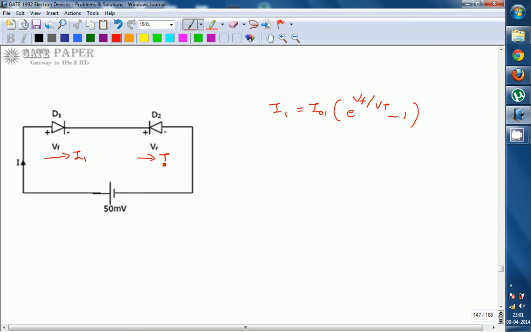It is the same as the reverse saturation current of the second diode. So that can be written as I02 is equal to I01 into e power Vf divided by Vt minus 1. I01 and I02 are going to be the same because both the diodes are identical. So 1 is equal to e power Vf divided by Vt minus 1.